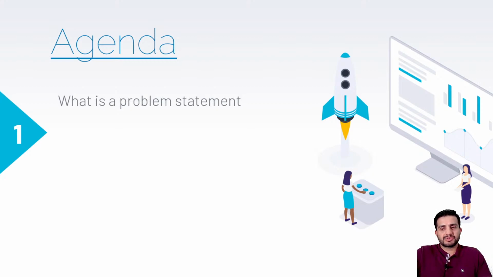Yes, one potential problem statement. This problem statement is only valid for a smaller ecosystem where I have a bank, and for that bank I'm only responsible for finding fraud cases or potential defaulters. So the problem statement I'm trying to solve here is subjective to a bank.